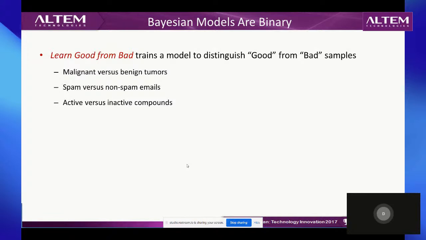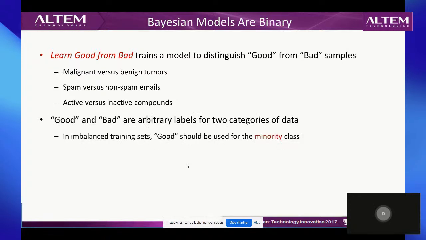From this, I can learn the good and bad fingerprints of the sample that help me to distinguish malignant versus tumors, spam mail versus non-spam, which Google is already doing using artificial intelligence. When it comes to compounds, it will help me to distinguish active and inactive compounds.